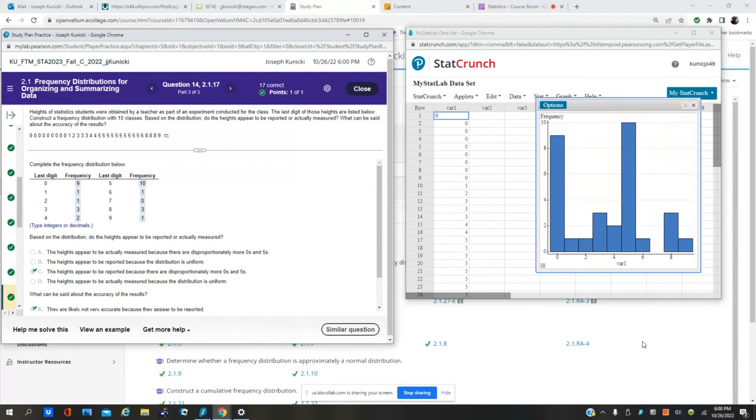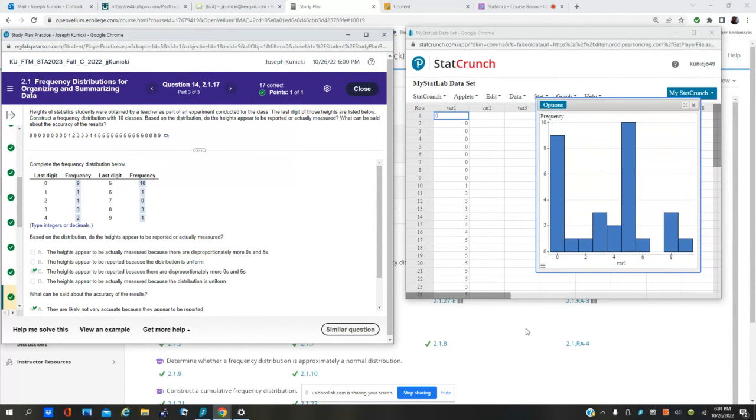A typical height of, say, a student, let's say it's 5.5 feet, that would be 66 inches. You're looking at something like 130 centimeters or so. So anything that's 134, they would round it to 135. That's where these zeros and fives come from. 128 becomes 130, for instance.